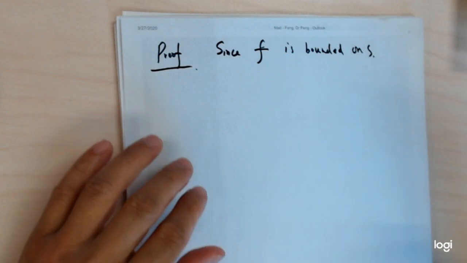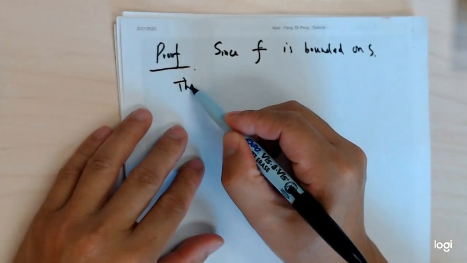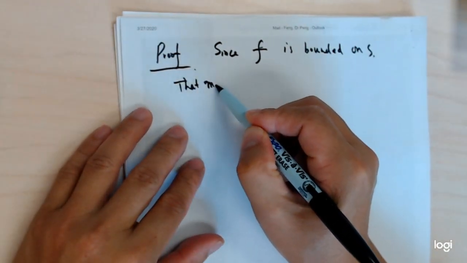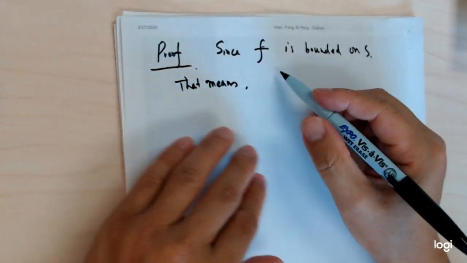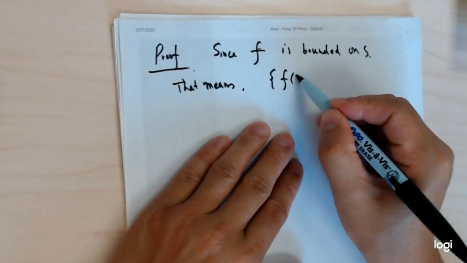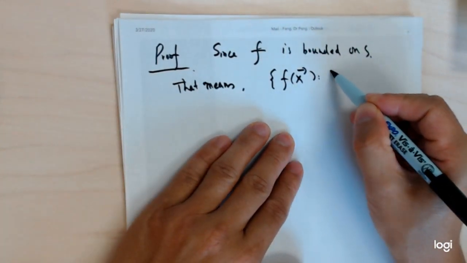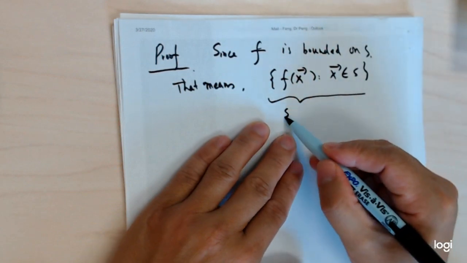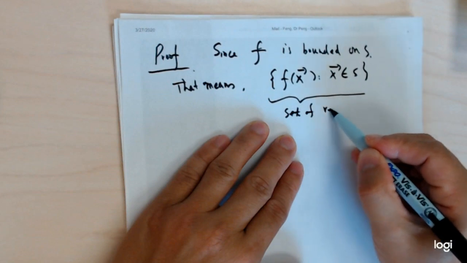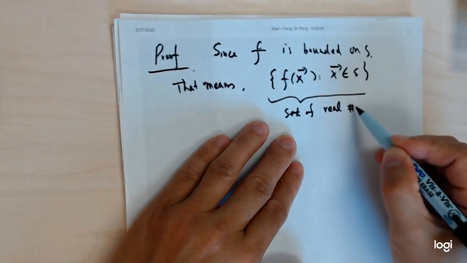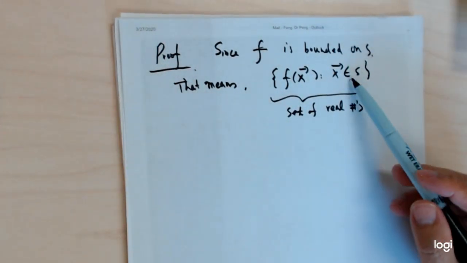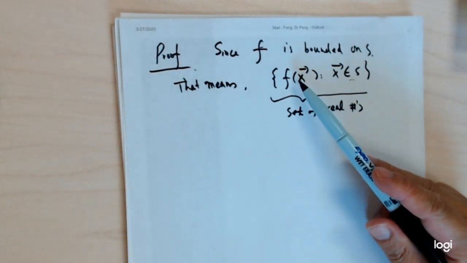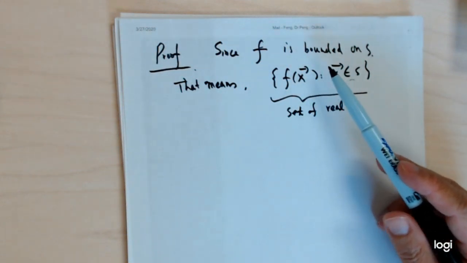What does that mean? That means f of x for any x in S, so this is a set of real numbers. Basically, you're plugging all the x into f and calculating the function's value.